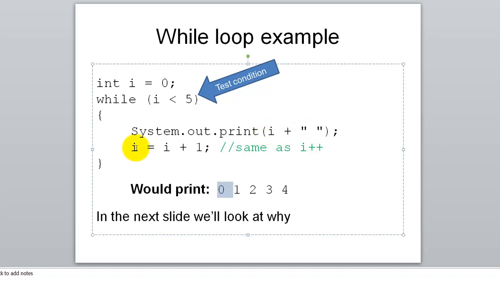Then we're saying I needs to change. I goes up by 1. So I now has a value of 1. It reaches the end of this. It jumps back up to the top. The while loop tests its condition again. Is I still less than 5? Well, I is now 1. So yes, it is less than 5. And it keeps going over and over again until finally this becomes false and your output ends up looking like that.